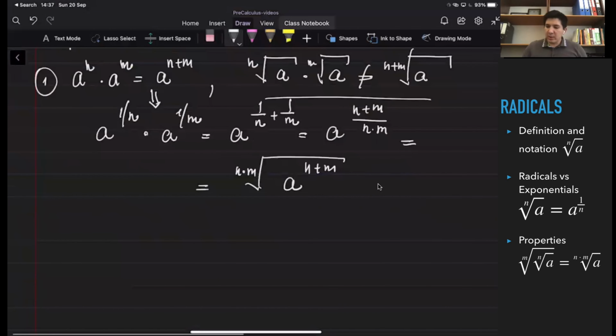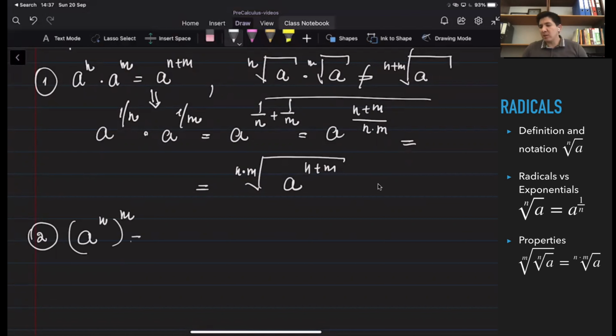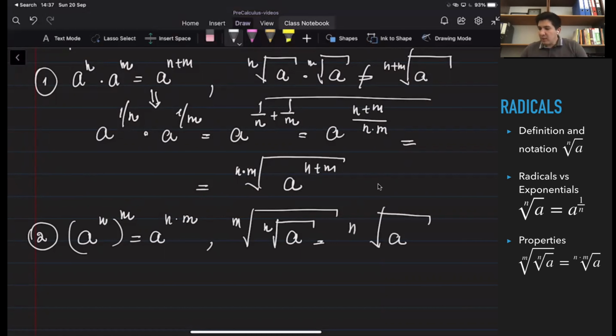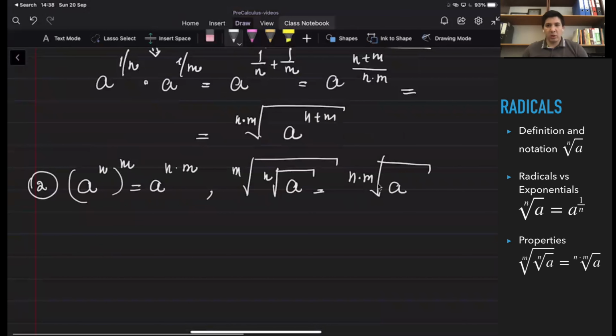And similarly, we used to have another law, a to the power of n, to the power of m, which is basically going to work. In this case, it's going to be a to the power of n times m. So for the radicals, it's going to be taking the root of n's degree, then taking the root of m's degree, which is going to be more or less the same. So it's going to be the root of a of degree n times m, because we're dealing with the multiplication, not the addition.